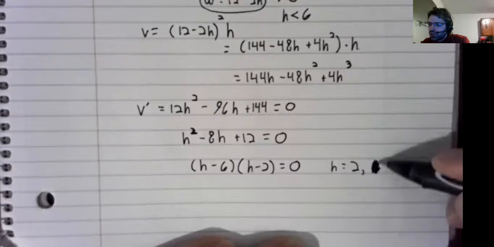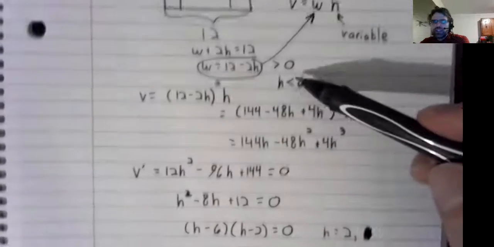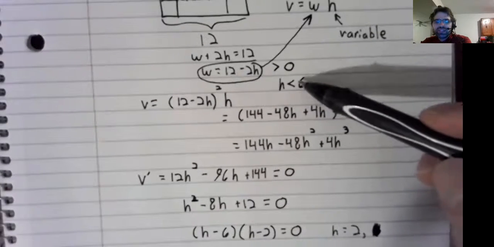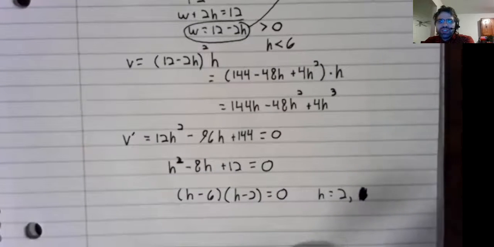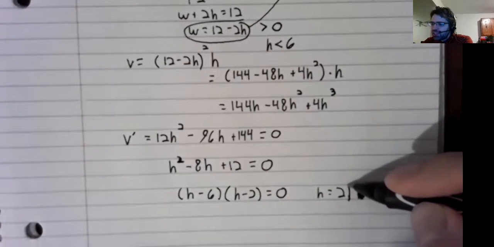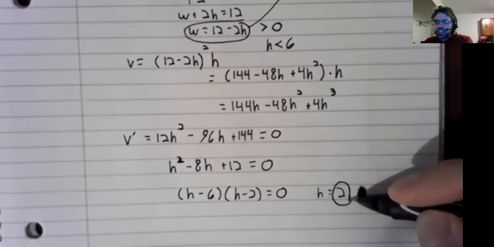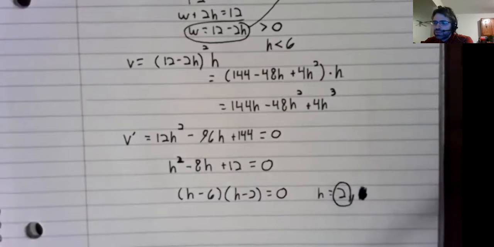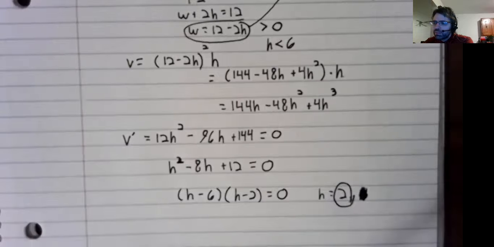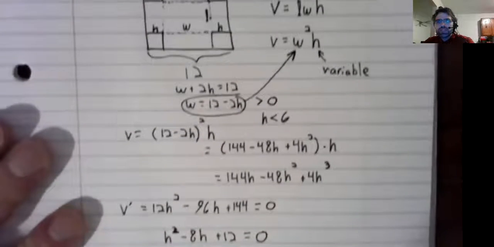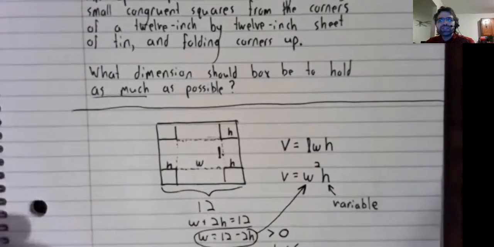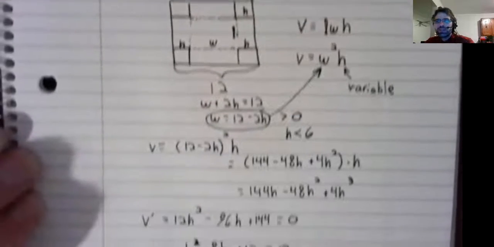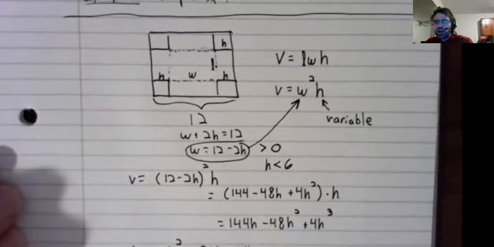6 is no good. H has to be less than 6. And remembering what we saw when we graphed it, this really does represent an absolute maximum. Making sure to actually answer the question, we ask about the dimension of the box.